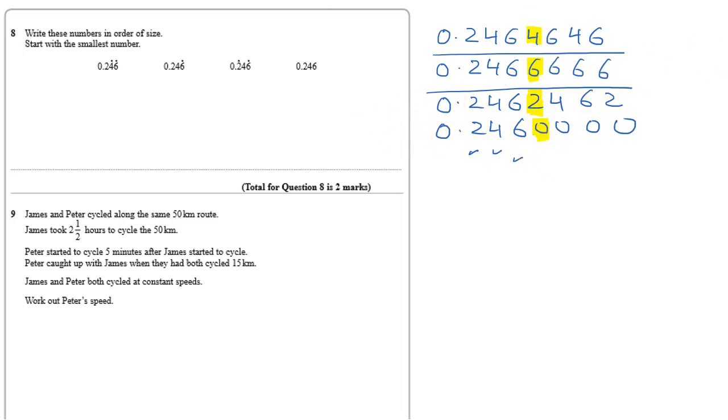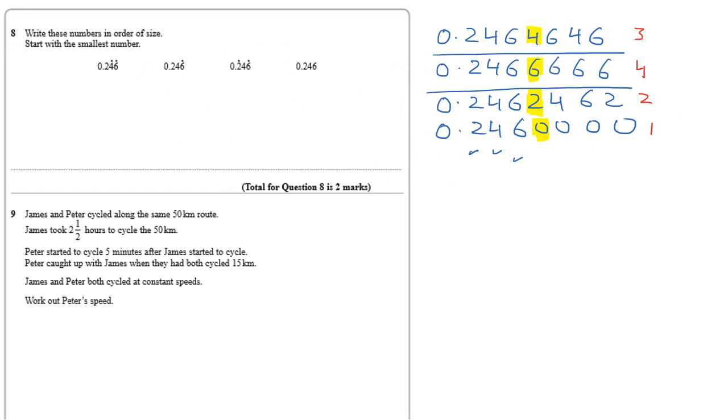Now which is the smallest here if we compare? So we have to start with the smallest. 0 is the smallest, so this is number 1. 2 is the smallest, this is number 2. 4 is the next smaller than 6, so this is number 3, and this is number 4.